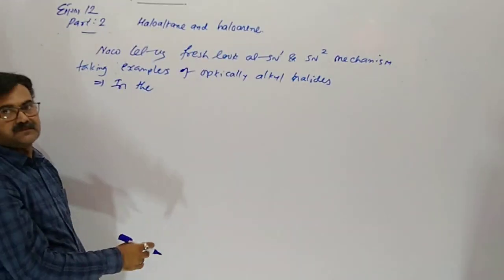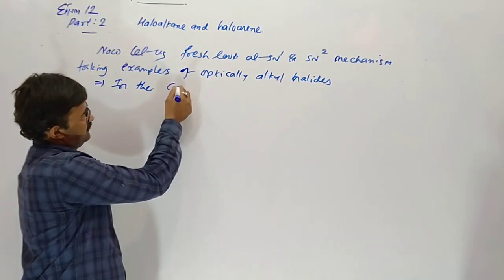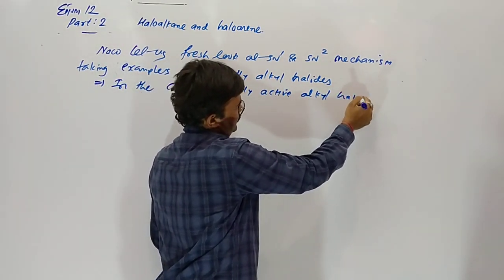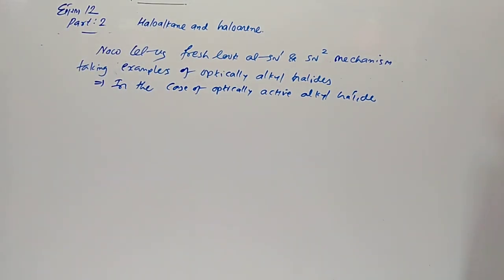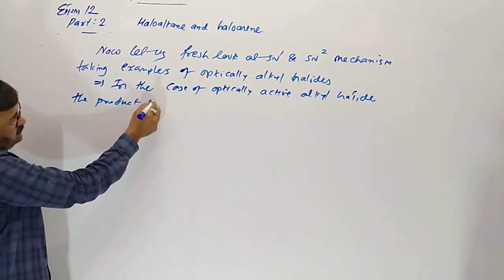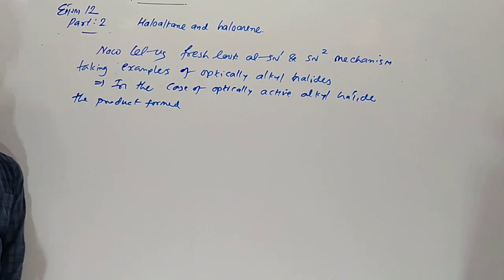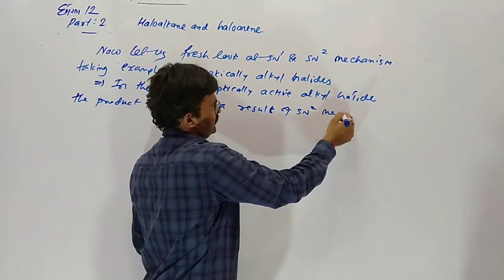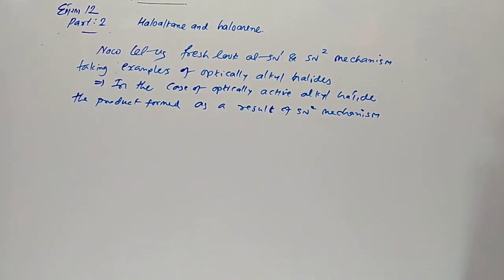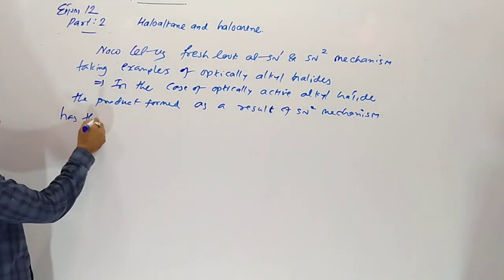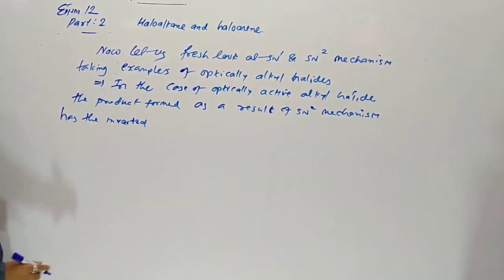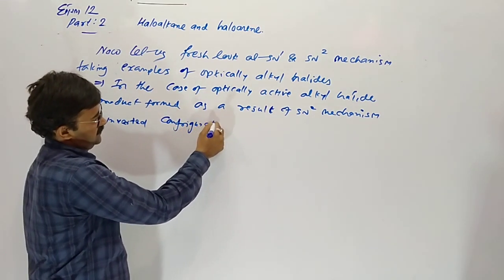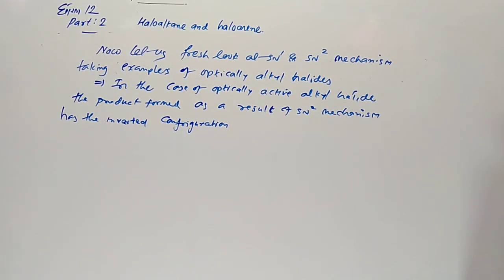In the case of optically active alkyl halide, the product formed as a result of the SN2 mechanism has the inverted configuration as compared to the reactant.